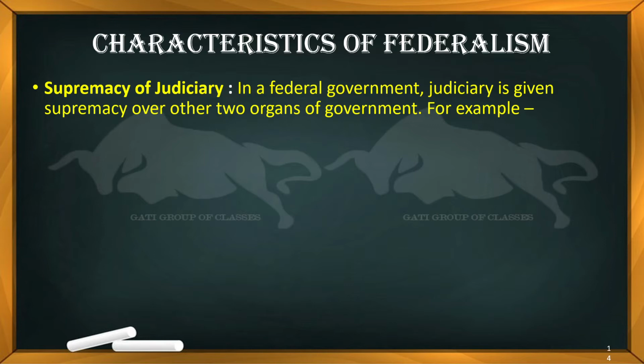Supremacy of judiciary, this is the second point. In a federal government there is a supremacy of judiciary. We know that there are three organs of the government: the legislature, the executive, and the third one is the judiciary. The judiciary is the most important organ of the government. For example, it protects the constitution. If anyone infringes the right of any person or any government, only the judiciary can solve that dispute.